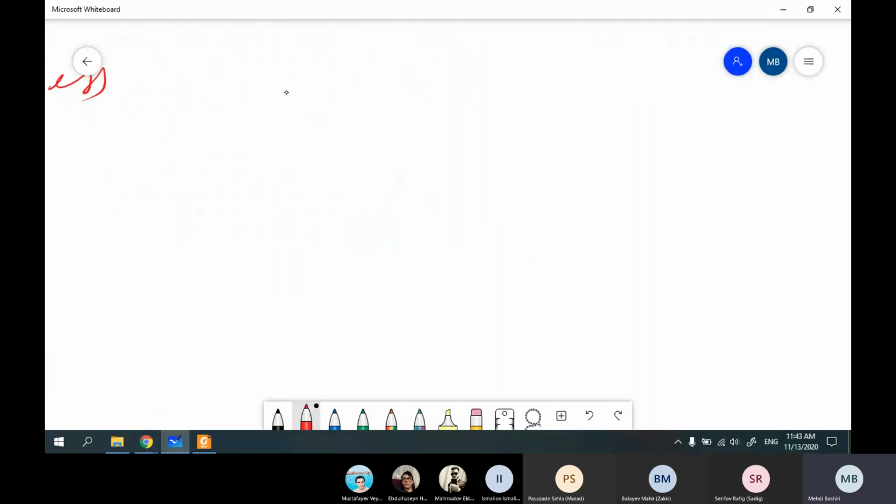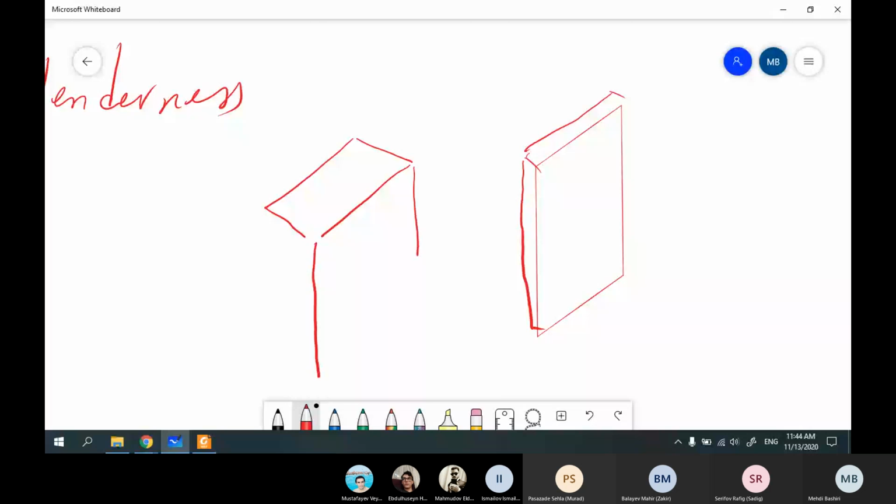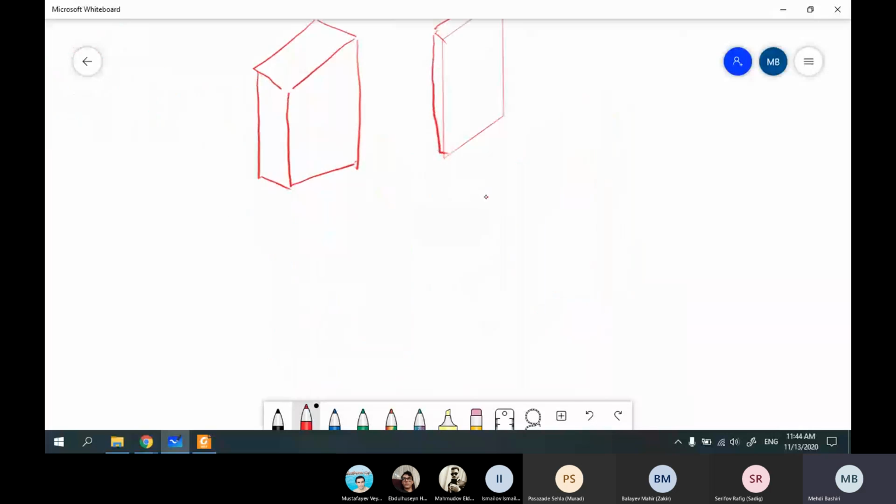For example, assume that this is a plate with this cross section, and you get another plate with this cross section. This one is slender, and this one is thick.